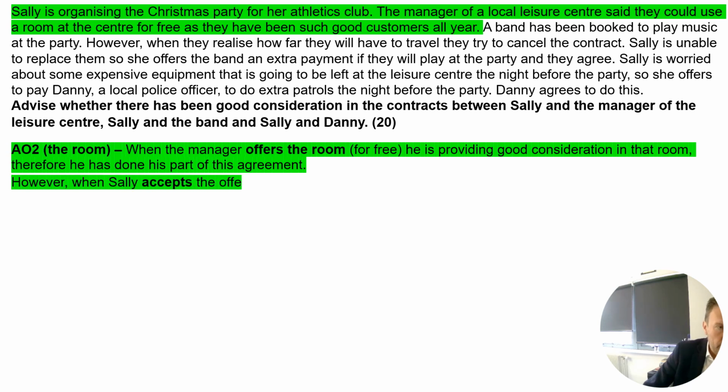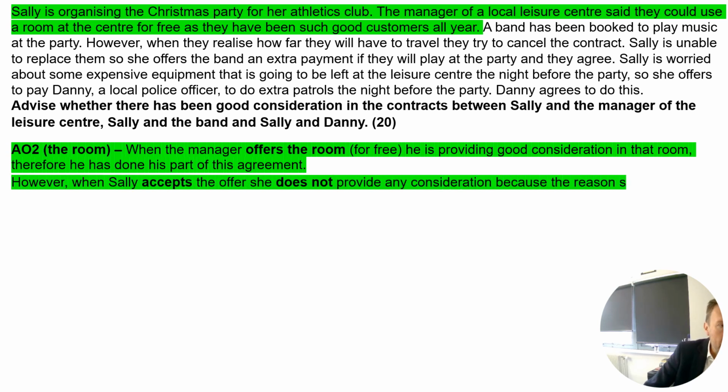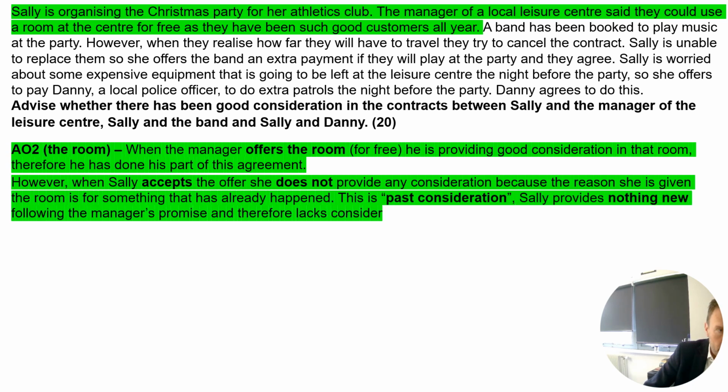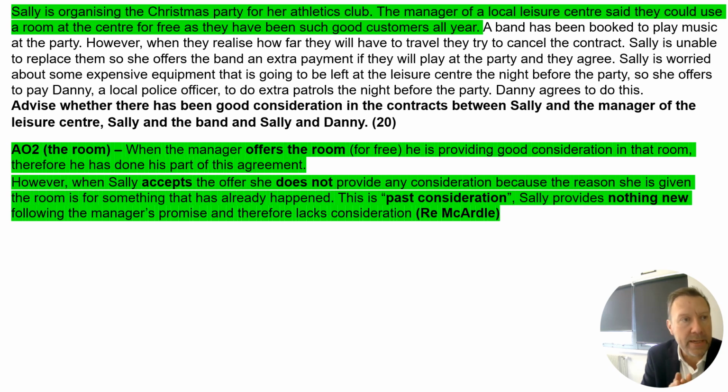But the however, there was a nice little however for these questions, is when she accepts that room that he's offering her, she's providing nothing to him in the form of consideration, because the thing that motivated him in giving this free room is something she's already done. So this is a classic past consideration issue.